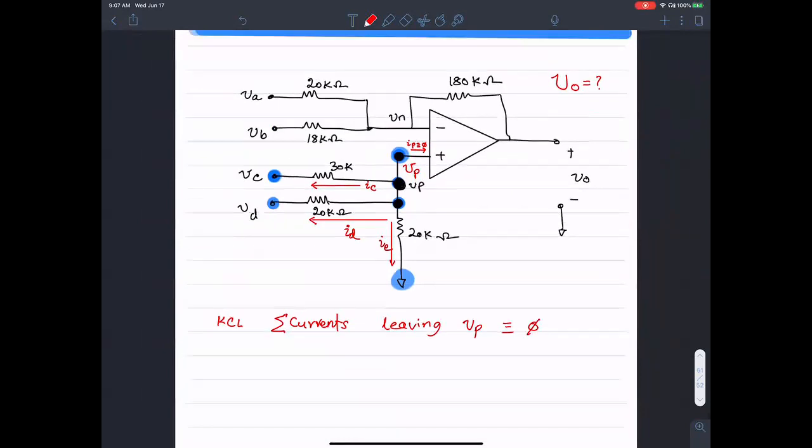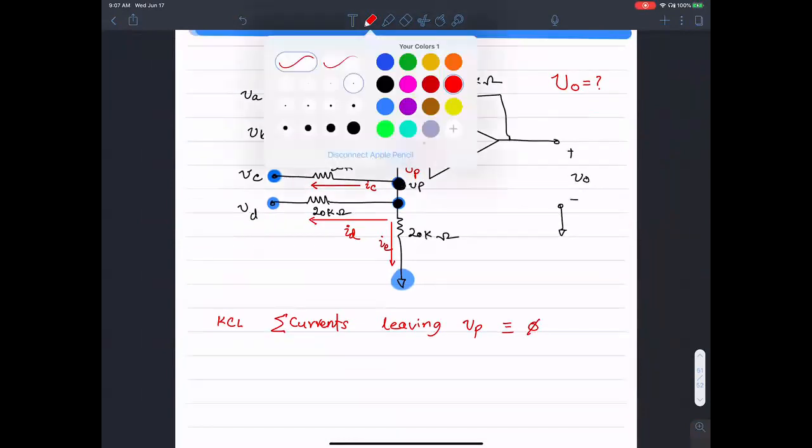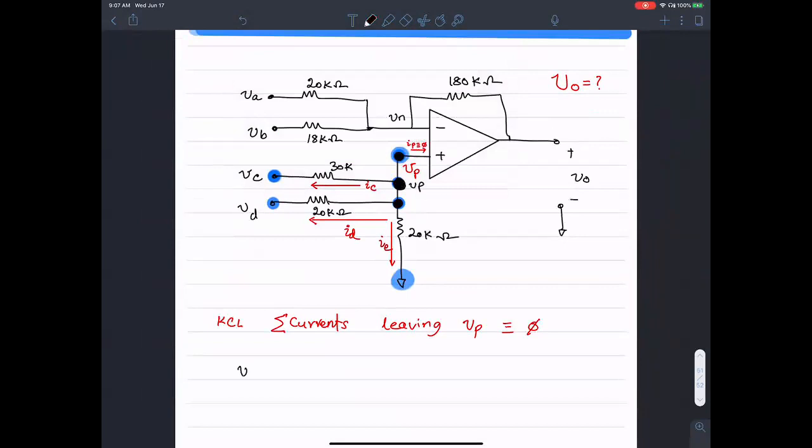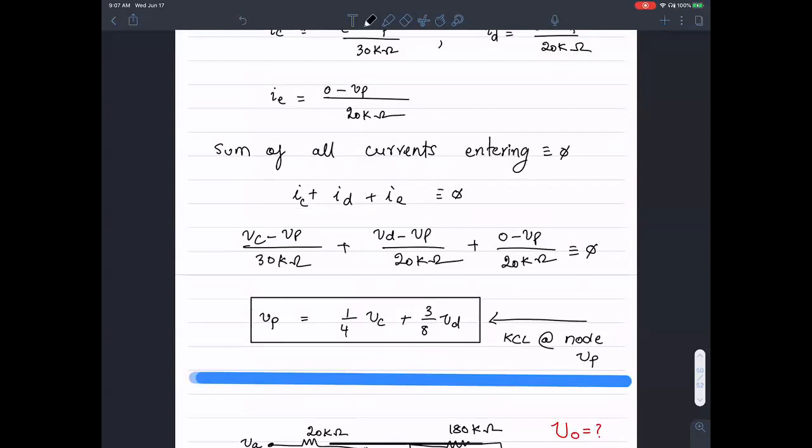If you look at this, I'm sure you got VP minus VC over 30 kilo ohms for IC, right? Yes. Basically the whole equation just got flipped.